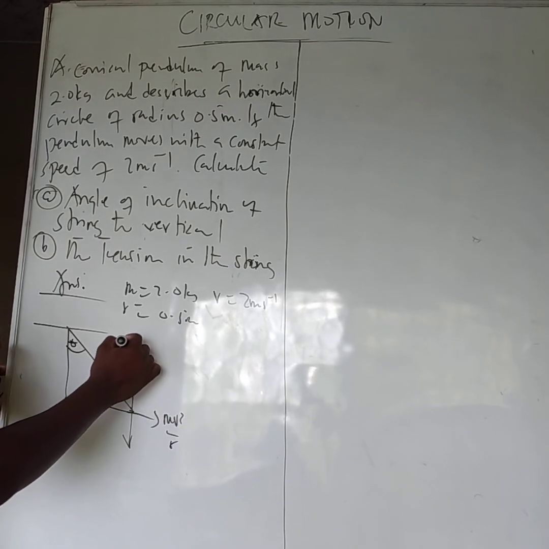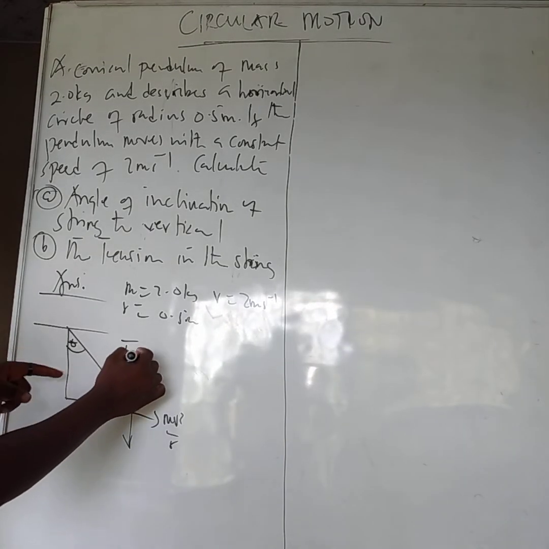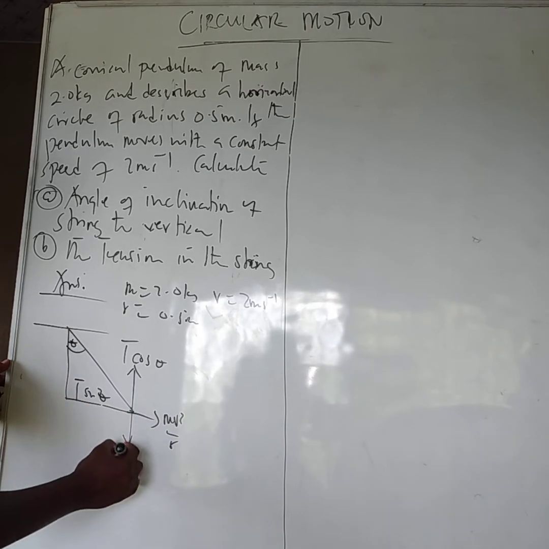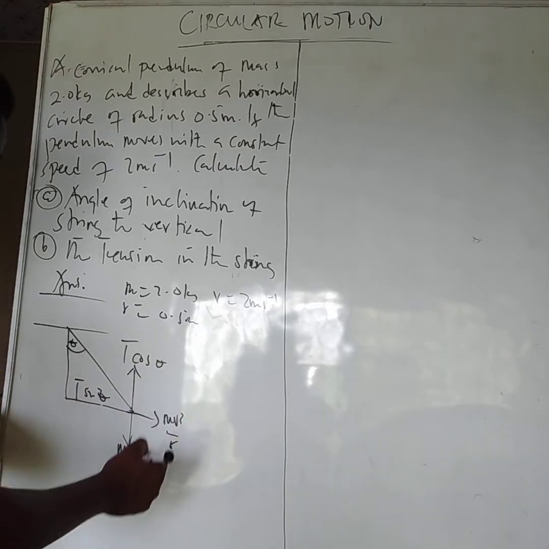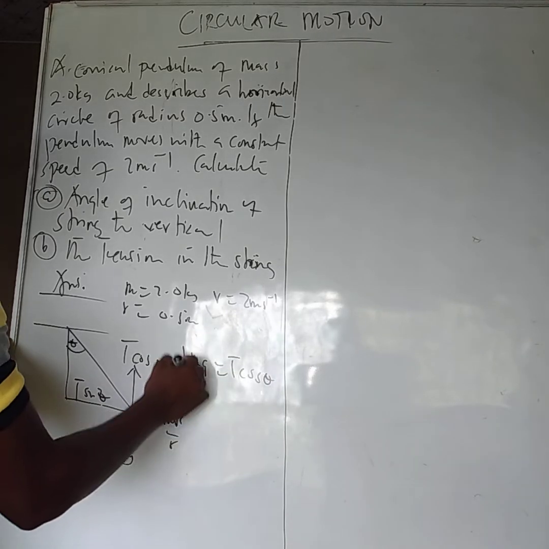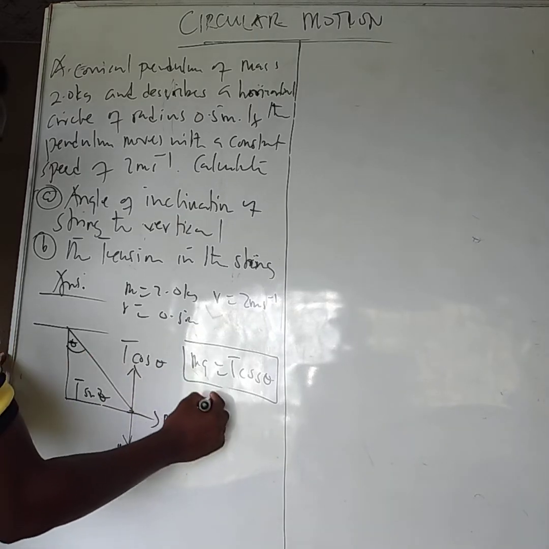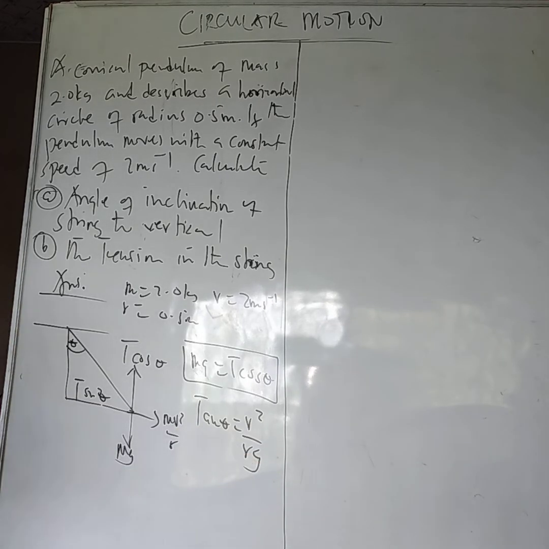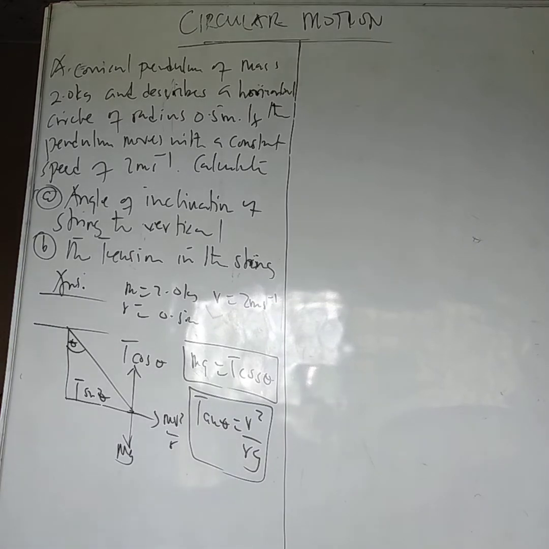This is mg or T. Let's say this is T cos theta, this is T sine theta, and this is mg. We have already learned from our previous derivation that mg is equal to T cos theta, and also after deriving an equation, we have tan theta equal to v squared over rg. So we can use these two equations to solve the question.